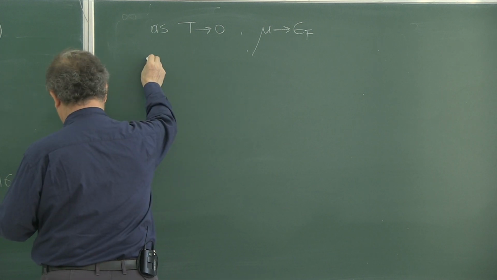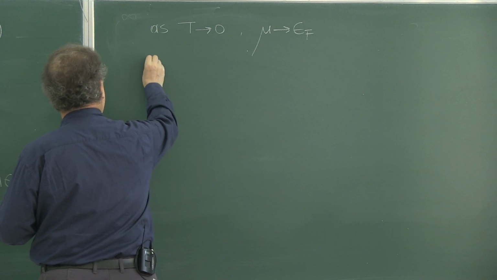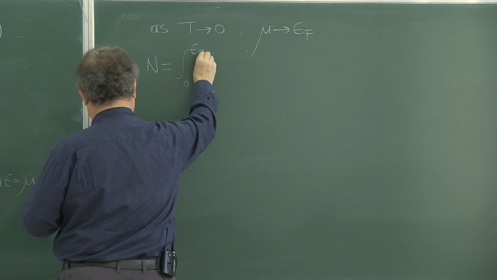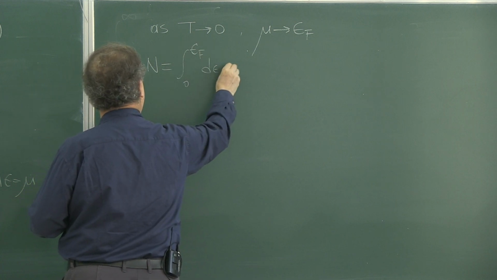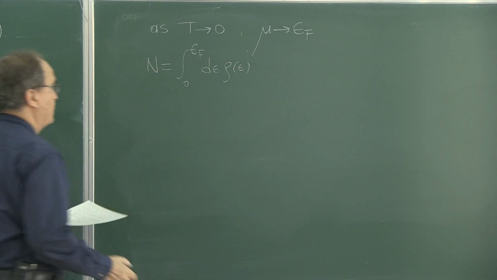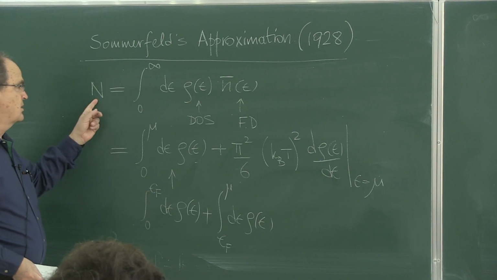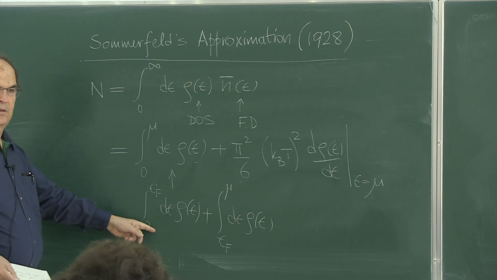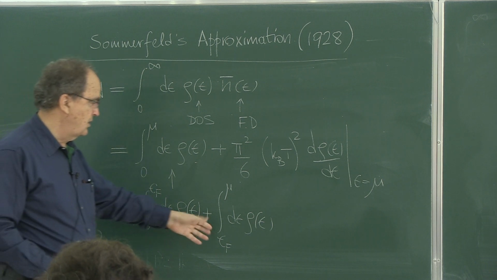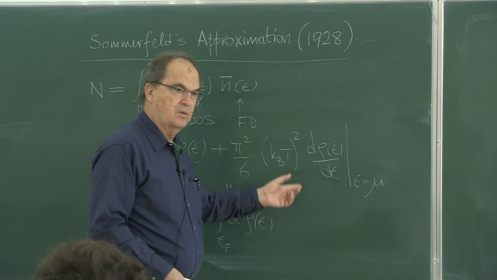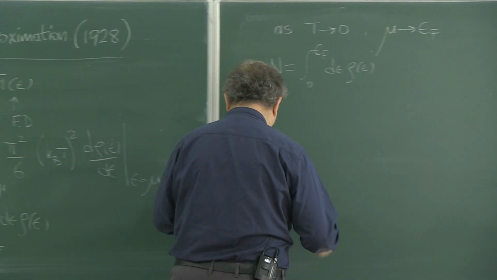Well, let's look at this. Since n equals the integral from 0 to EF in this limit, dE rho(E), that is the total number of particles, isn't it? This part, so that thing will cancel it. So we end up with a relation between this and that correction term. Let's write that.